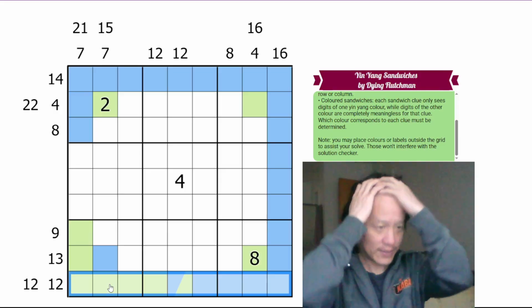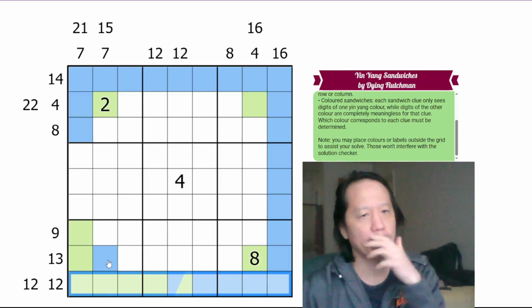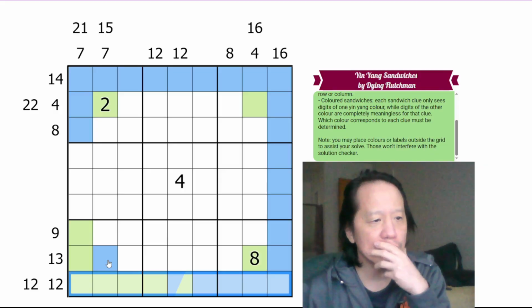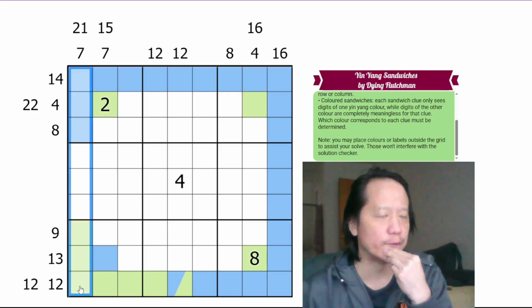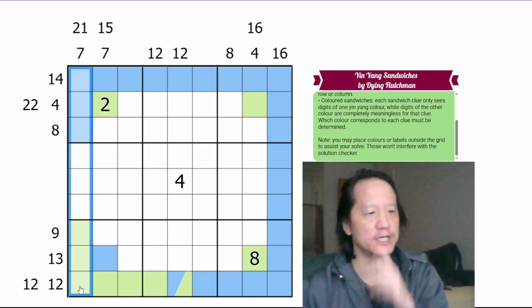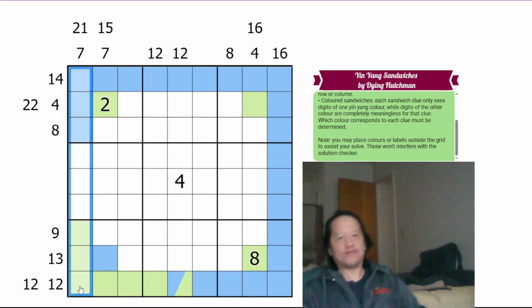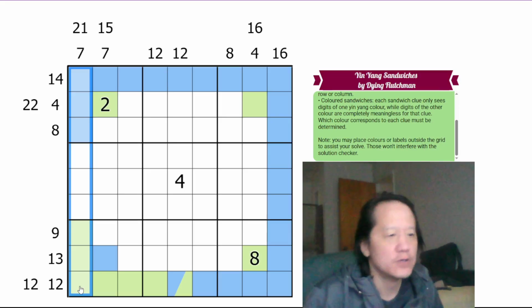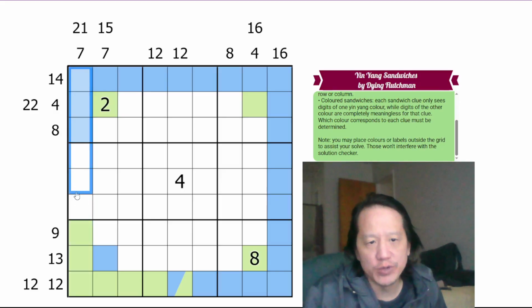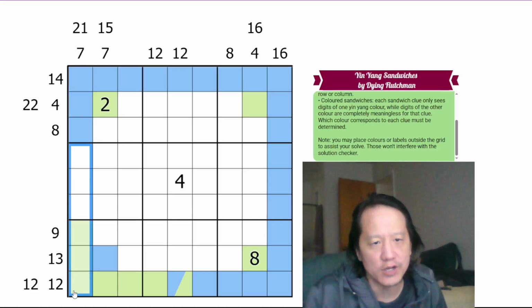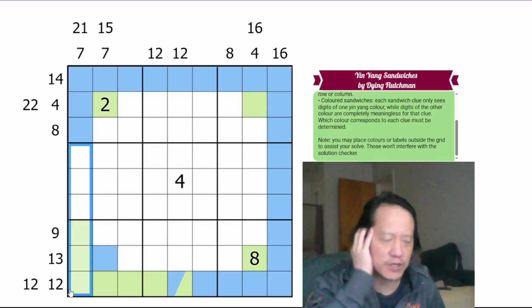Or it doesn't even have to be in between, right? 28 is more problematic because you have to have 4 digits. And just as this is just the way that a yin-yang works on borders, you have to have just one change here. So all of these are going to be blue, or all of these are going to be green. And then you have something in between.